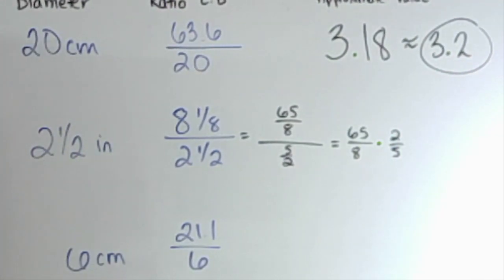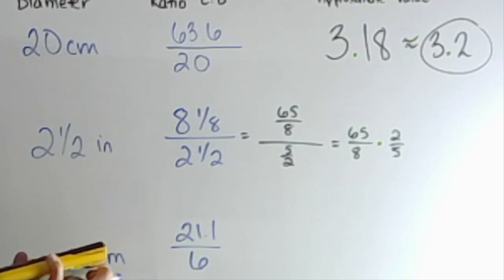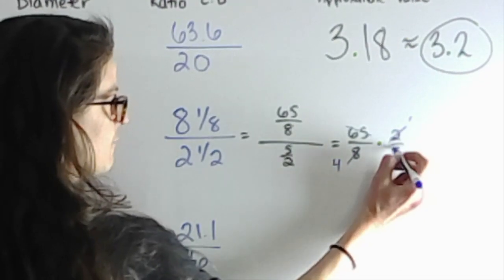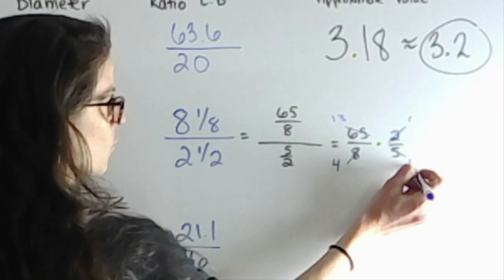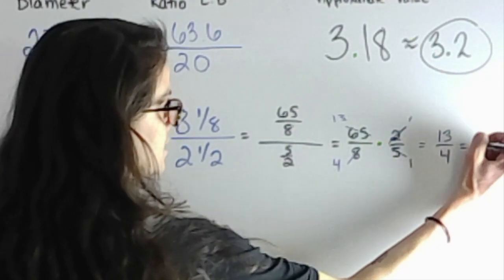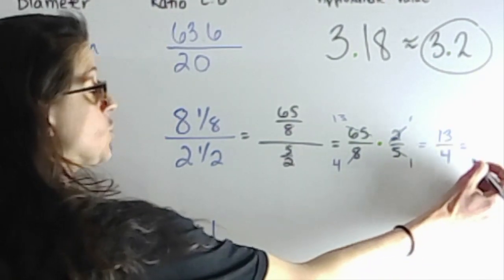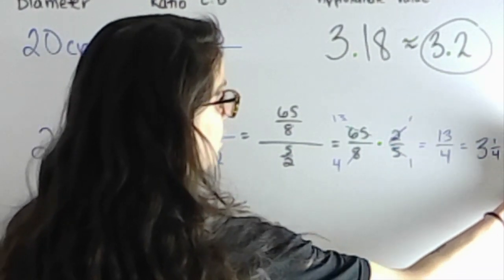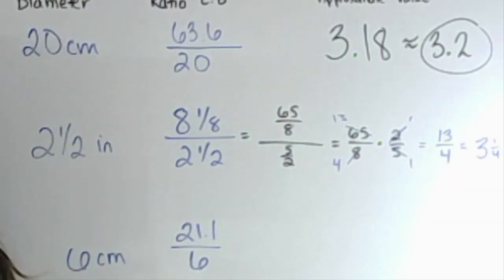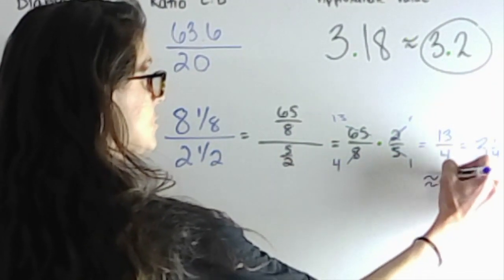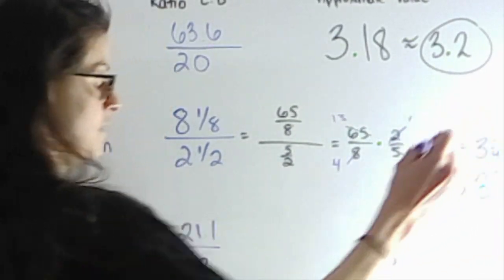I can do some cross canceling here. I like the looks of this setup. 2/8 is the same as 1/4. And 65/5 is the same as 13 over 1. So we end up with 13/4, which is really 4, 8, 12, 3 and 1/4, which is 3.25. And we're rounding to the nearest tenths place. So my approximate value here is 3.3.